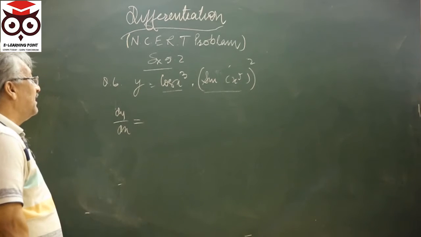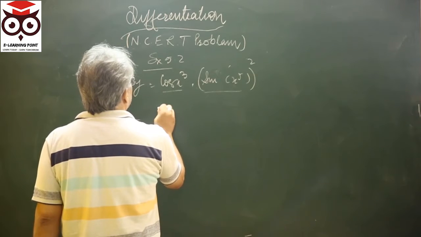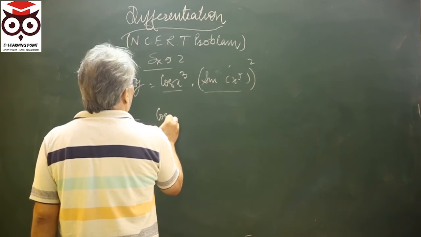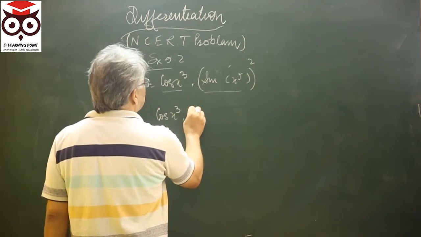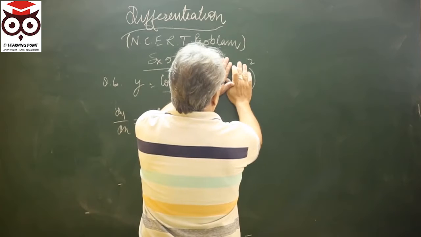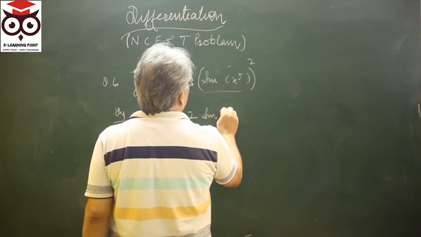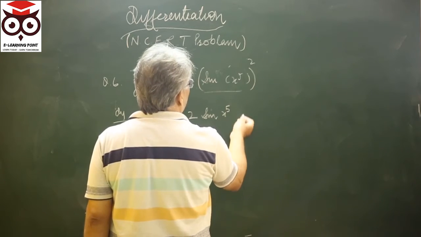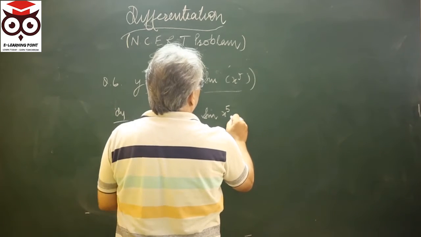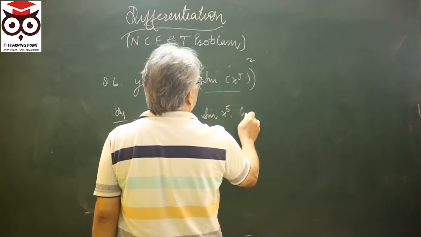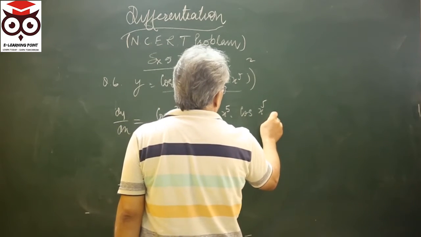This is dy by dx. So this is your first function as it is. This is cos x cube. Now differentiate it. This is 2. इसको आप x suppose कर लोगे. तो this is sin x to the power 5, right? फिर आप इसको छोड़ दोगे तो इसको डिस्कस करोगे. This is cos x to the power 5, right?